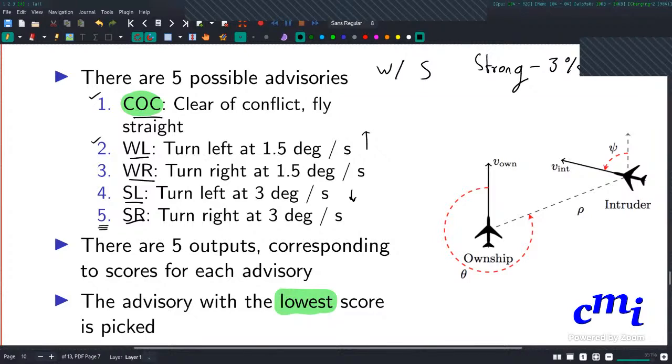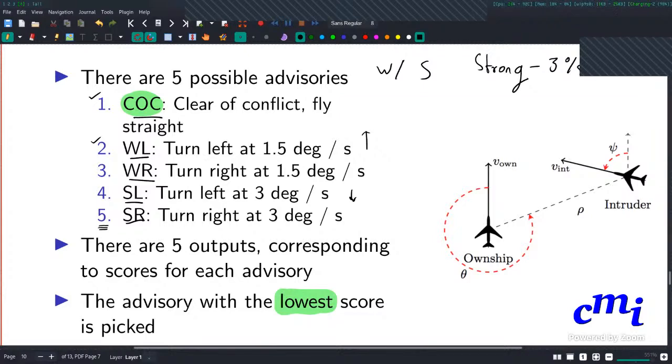If number 2 is picked, then it will turn left by 1.5 degrees. Number 2 will be picked when its output is the lowest. So only the ordering among these things matters. The real actual value doesn't matter.